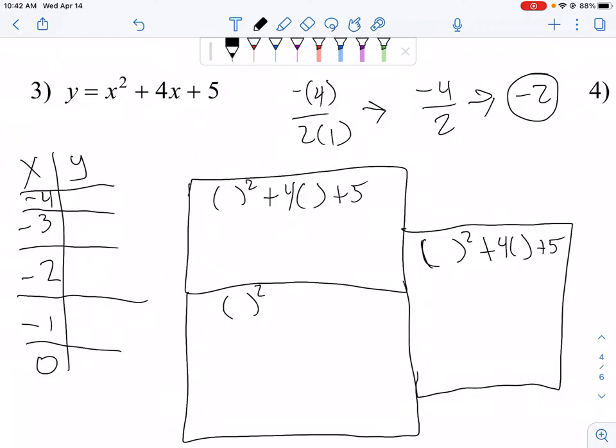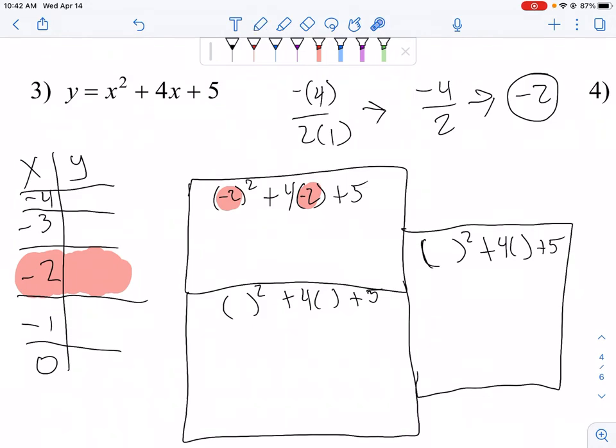So number squared plus 4 times the number plus 5. Now, we have to use the middle term. So I'm going to plug in a -2 and a -2.